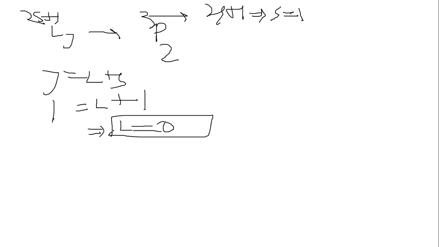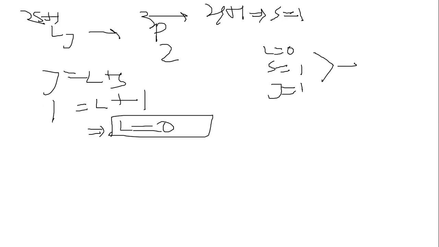So the term corresponding to, suppose, a spectroscopic term with L equals to 0, S equals to 1 and J equals to 1, then what will be the spectroscopic notation?